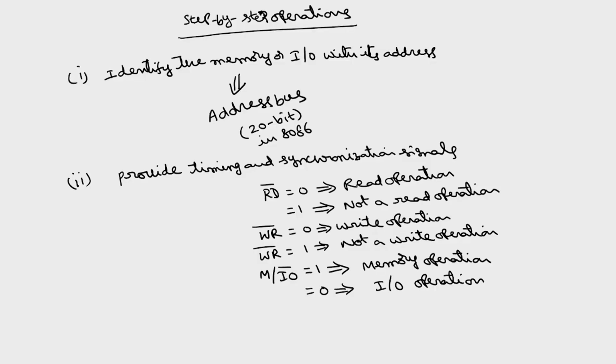Then how to perform memory read? If you want to perform memory read, M by IO bar should be 1 and read bar should be 0, then only you can perform the memory read operation. So, for that you can generate the memory read signal. The memory read signal is not directly available from the microprocessor, but using these signals we can generate all the 4 signals. So, how to perform the memory read operation?